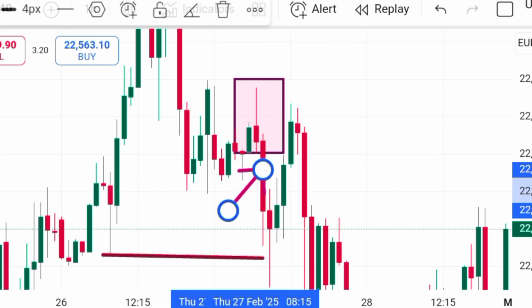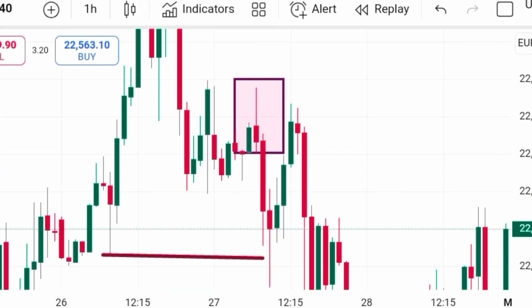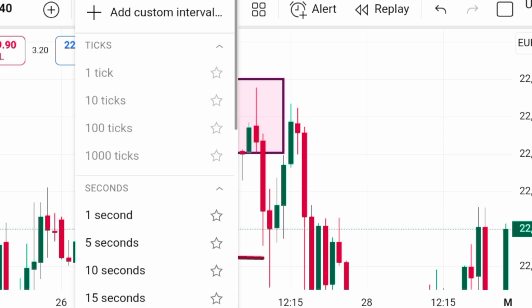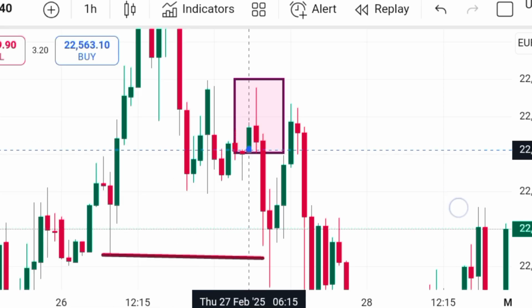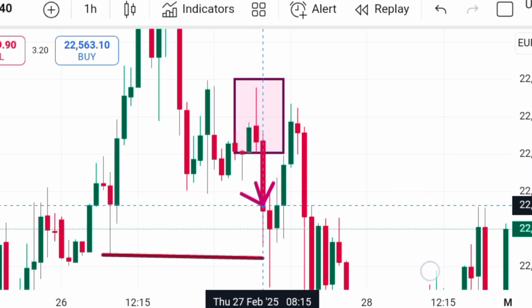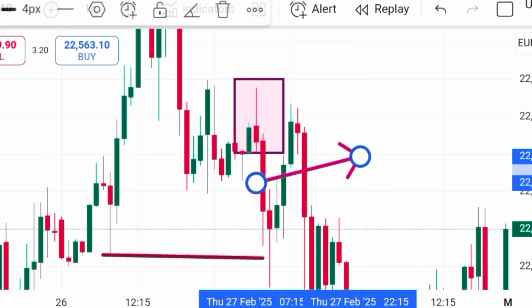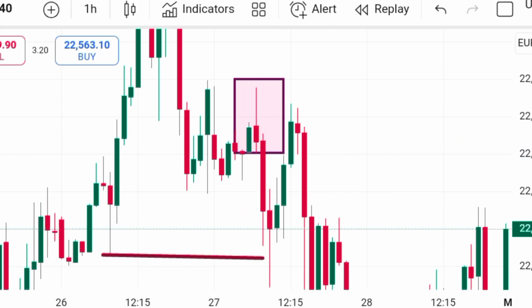So now, move to your M15 and look for another imbalance. This is a bear scenario. The last bullish candle, which is right here, before the break to the downside, you mark that out. So let's move to our M15.